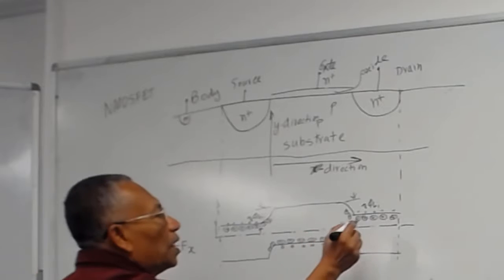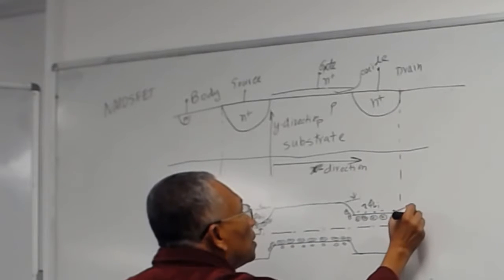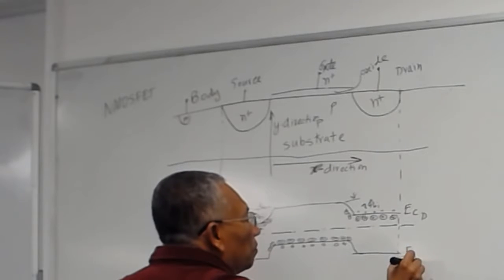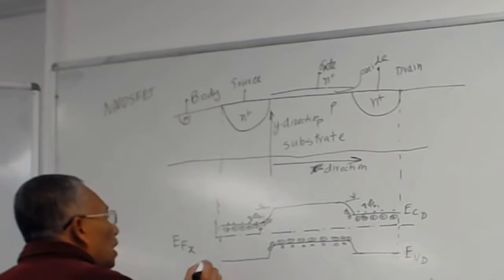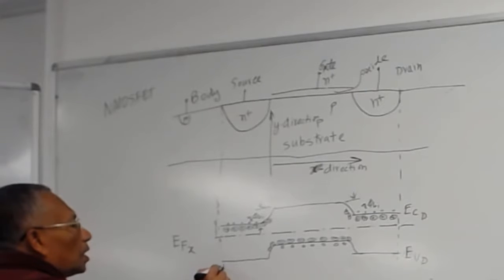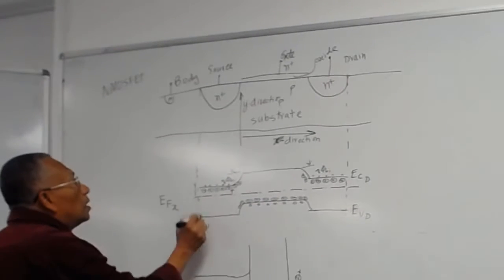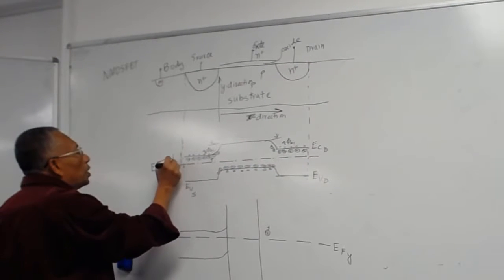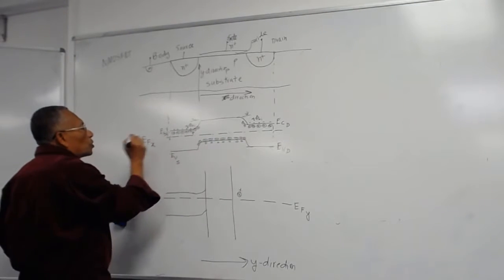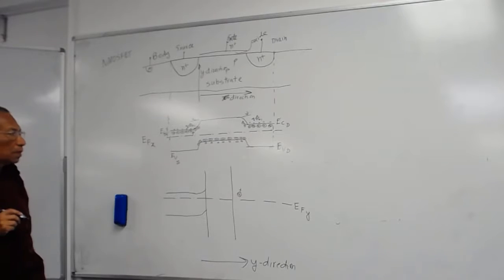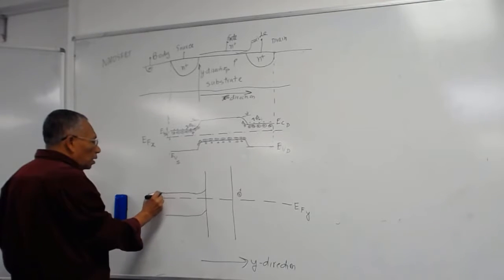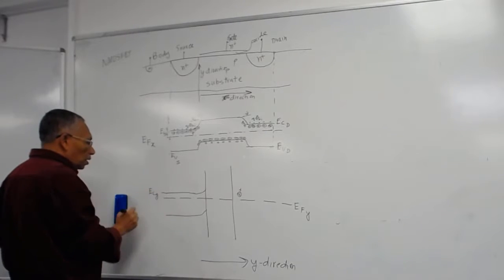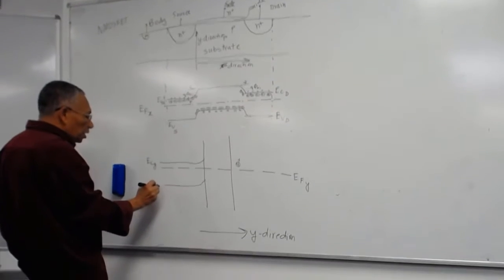You can label here: this is your EC in the drain, this is your EV in the drain, this is your EC and EV in the source. This is your EC in the gate, and this is your EV in the gate.